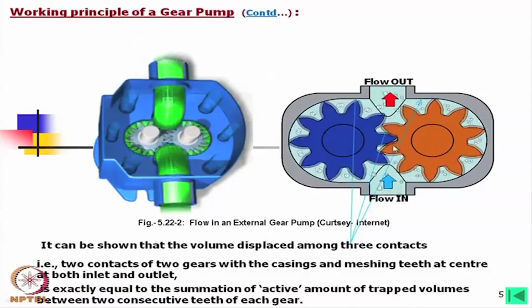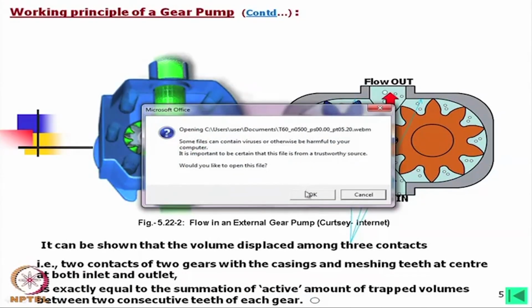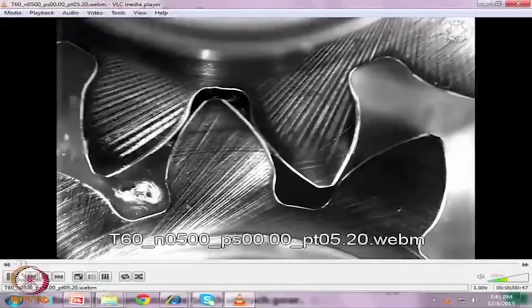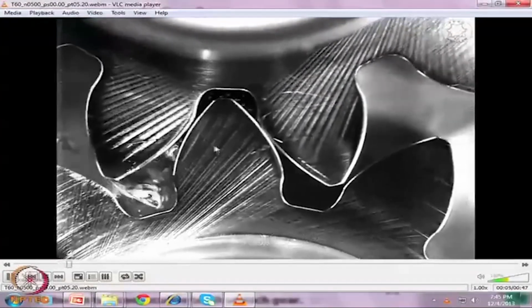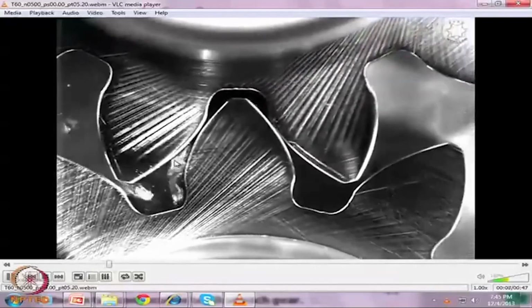But anyway, I will show you the flow between these two teeth. Now, look at this figure. As you can see, just how the flow is taking place.